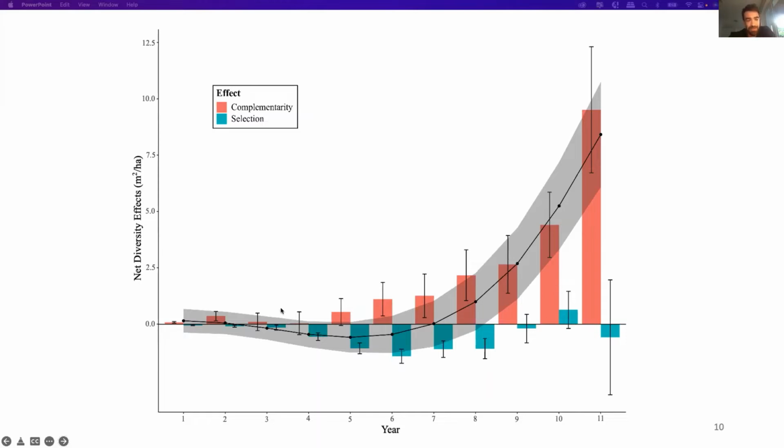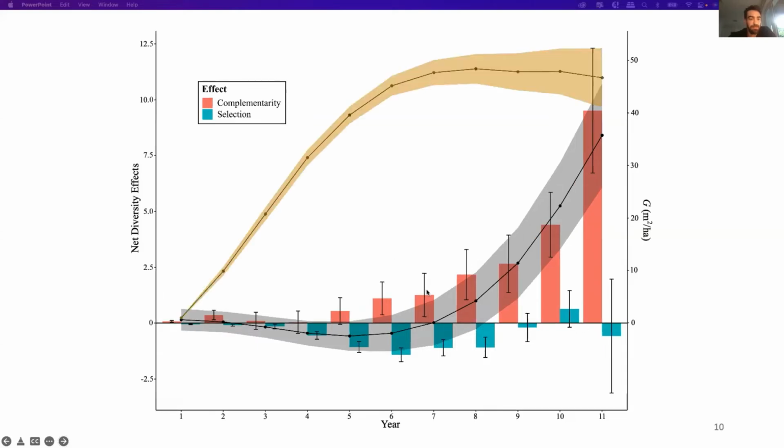During the first years, negative selection effects seem to be more important, driving the overall net diversity effects, although they were not significant.